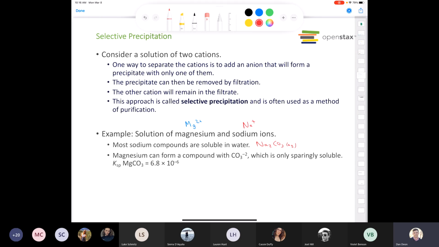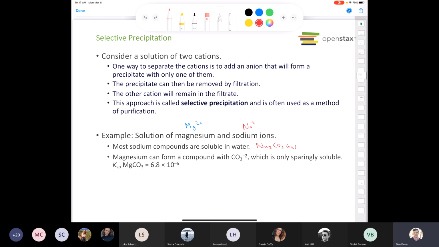So if you were to add carbonate ions from some other source to a solution, what's going to happen? Well, the KSP of magnesium carbonate is only 6.8 times 10 to the negative 6. And so you're going to be able to remove those magnesium ions. Now, you're not literally drawing a line between magnesium 2 plus and sodium plus, but you are physically separating those atoms from one another, okay? It's kind of a cool thing, selective precipitation.